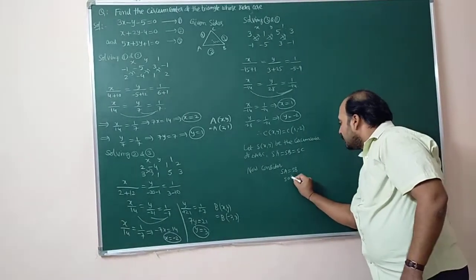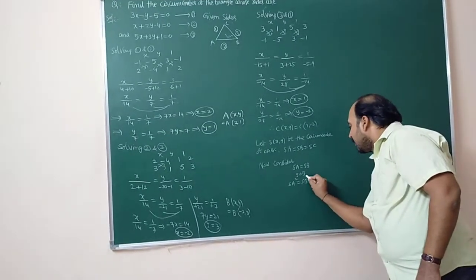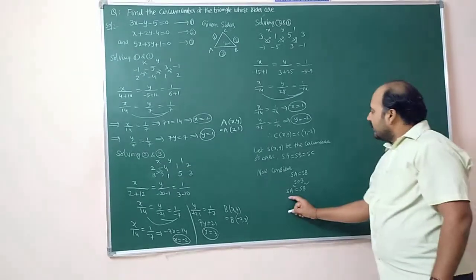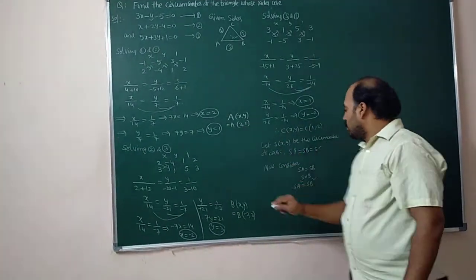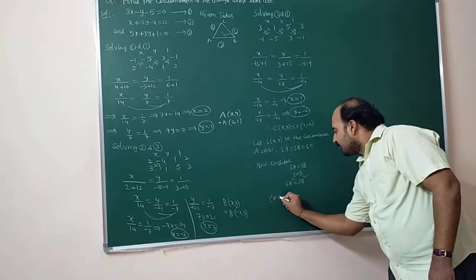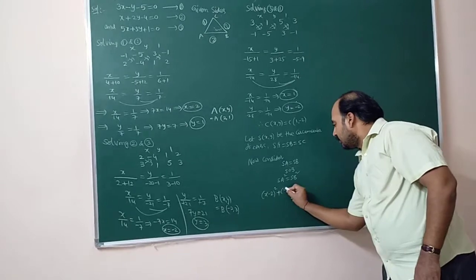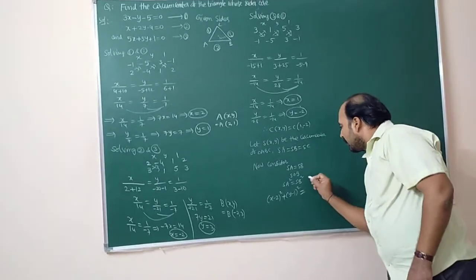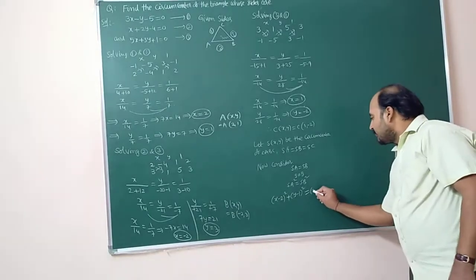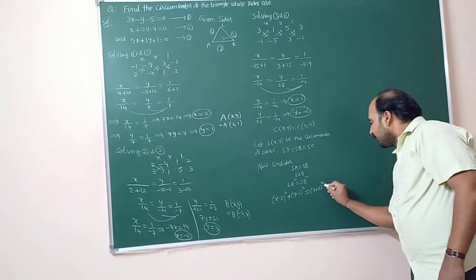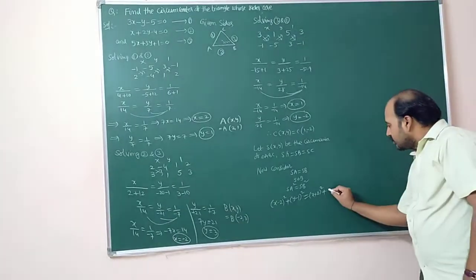Squaring on both sides, SA square is equal to SB square. So SA square, which is x minus 2 whole square plus y minus 1 whole square, equals SB square, x minus of minus 2, x plus 2 whole square plus y minus 3 whole square.